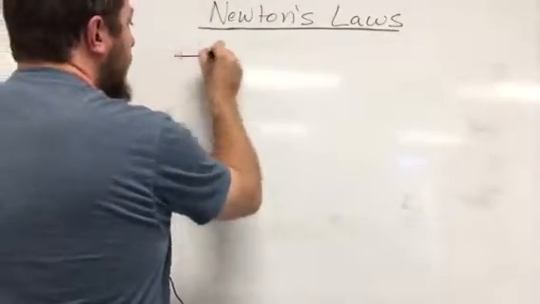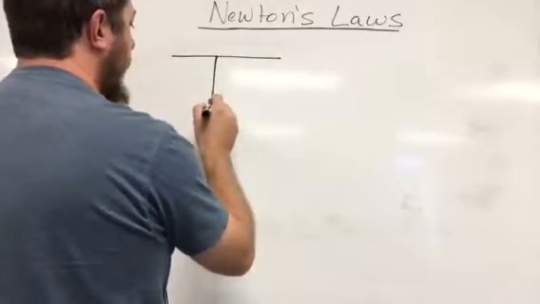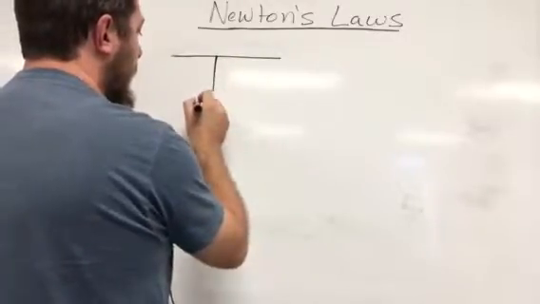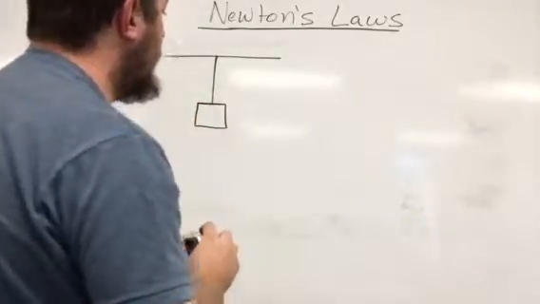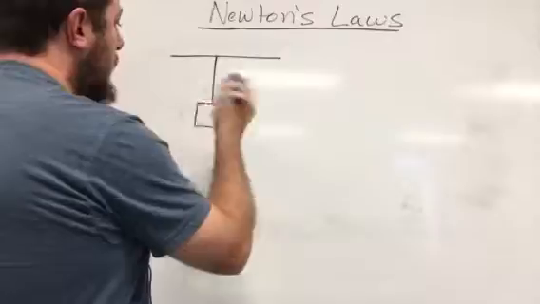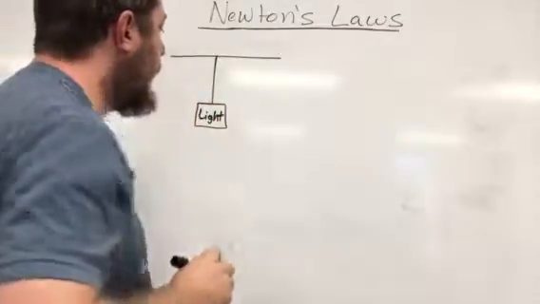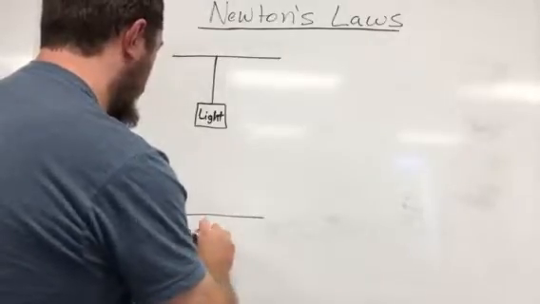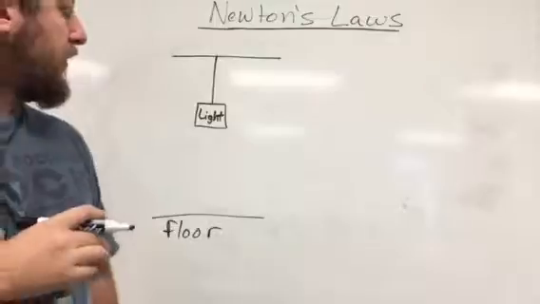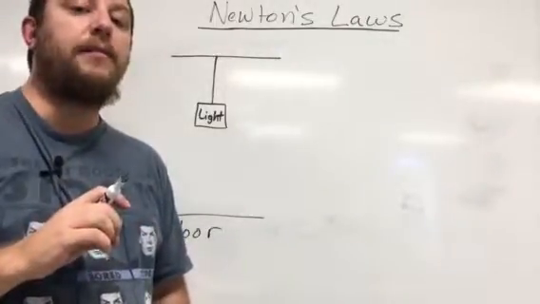So, say for instance, let's take the case where we have a chandelier or some sort of light fixture hanging from the ceiling, and this is the light, and this is the floor down here, and I want to be able to determine all of the forces that are acting on this object.